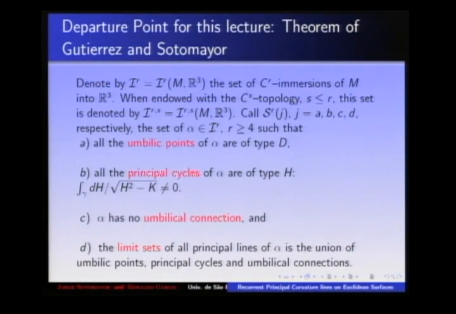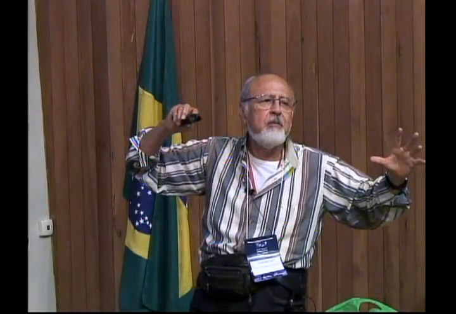And now here we have the theorem of Gutierrez and myself. Now it is more clear than before that you have lines which distribute and move on this surface, and you have singularities and periodic orbits.